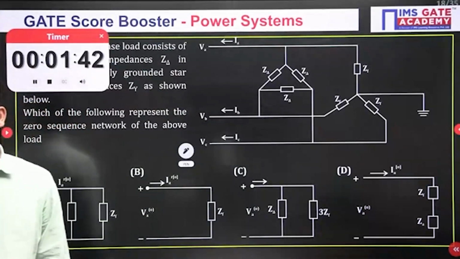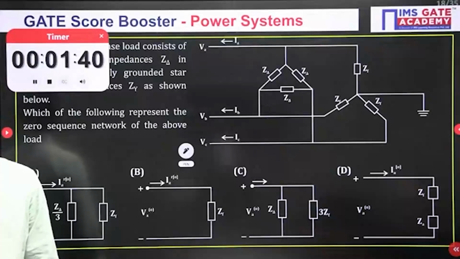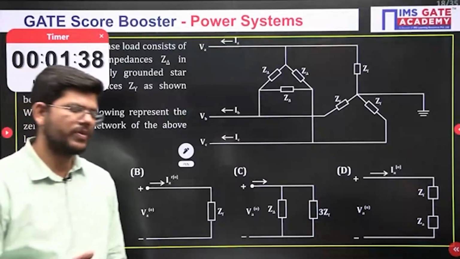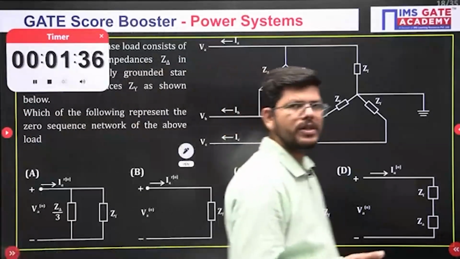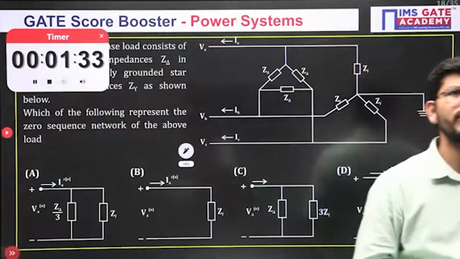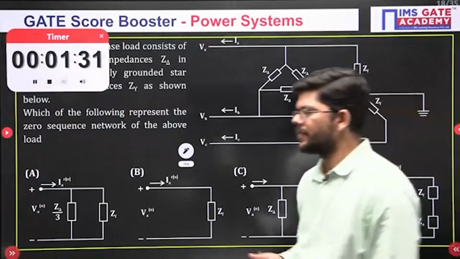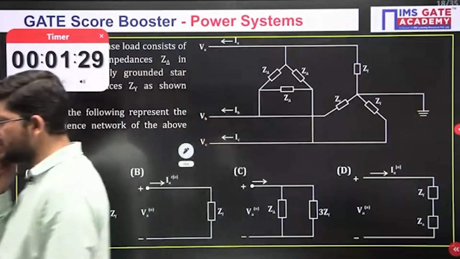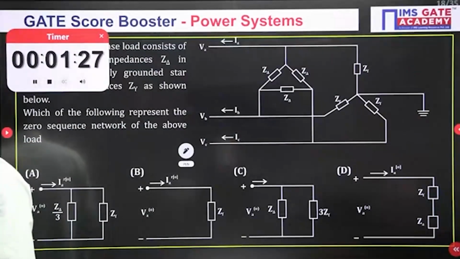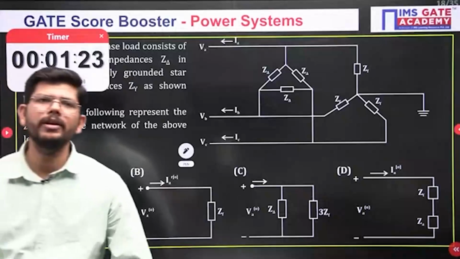Quickly let me know which is the correct option. It does not require 2 minutes, but still I have given you 2 minutes. It is a very conceptual question related to the zero sequence network. If you are aware of the ultimate condition, you will be able to solve it.